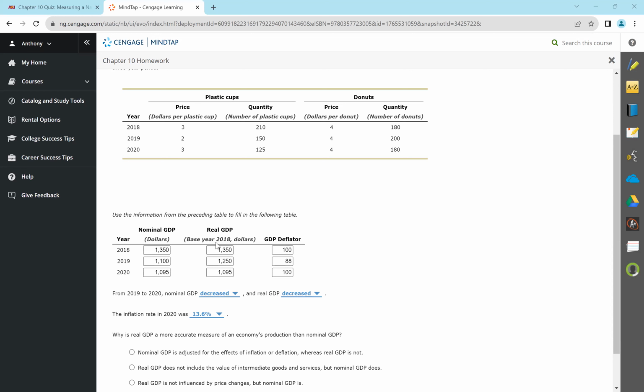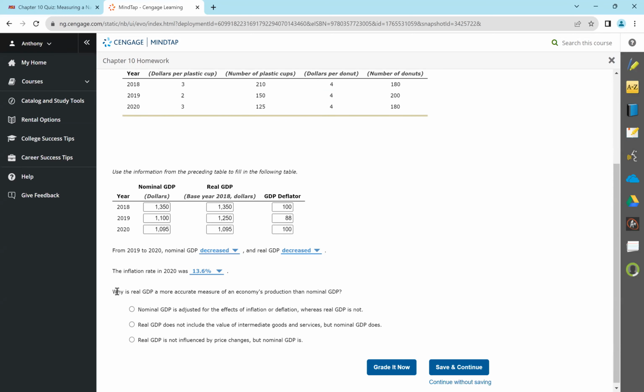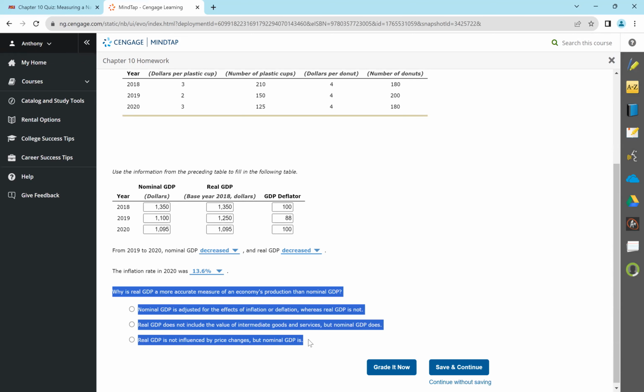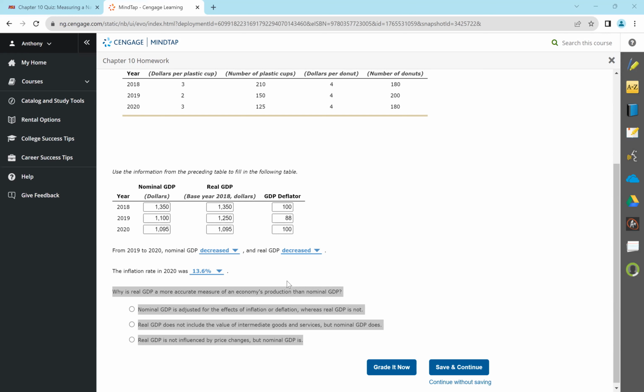It looks okay. Now this last one, these are always worth a full point, and then you gotta really make sure you know which one it is. So real GDP is not influenced by price changes, but nominal GDP is. That's what I'm seeing on the internet.